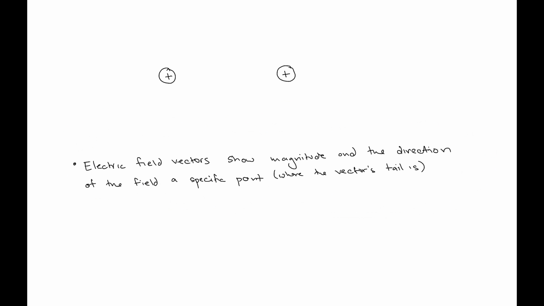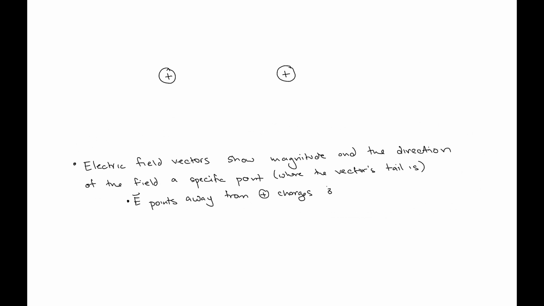All right, so when I'm drawing these field vectors, I want to consider what the electric field actually does. I know that the electric field points away from positive charges, because really it depicts the direction that a positive charge would move in the field, and a positive charge is going to be repulsed by another positive charge, so it's going to move away.